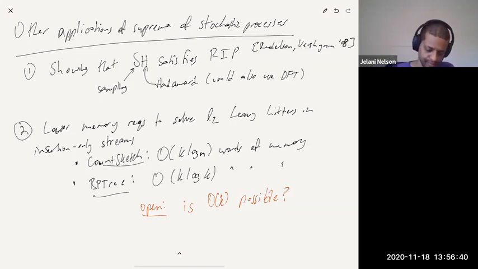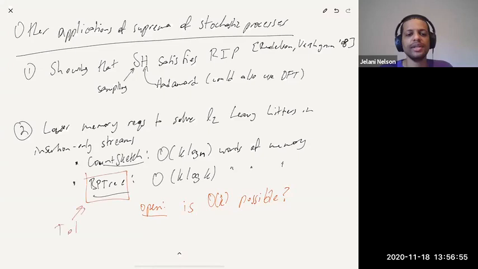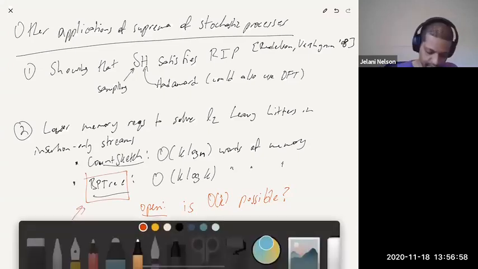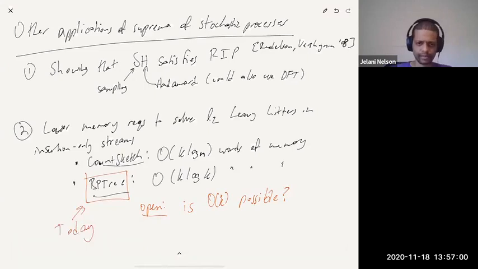Good. So what I want to focus on for the remaining part of lecture is the BP tree, and something about the RIP as well. And I guess the reference for this is Braverman, Chestnut, and others.